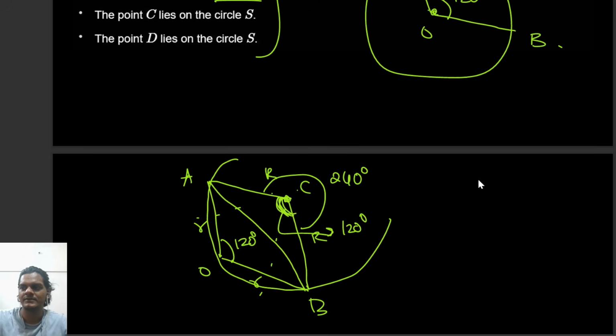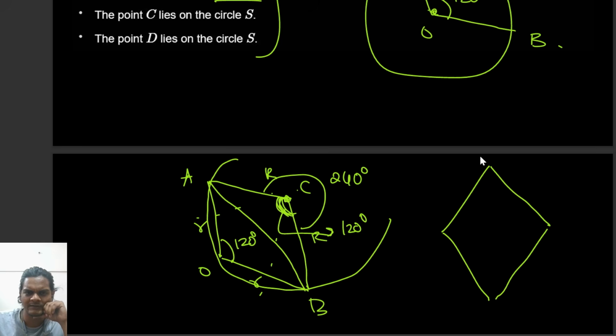If I draw it like this, I think that would make some sense. And it will be like a rhombus, I would say. Yeah, this is a rhombus. So if I join this, since these two are 120 degrees, this will be 60 degrees, this will be 60 degrees, this is also 60 degrees.